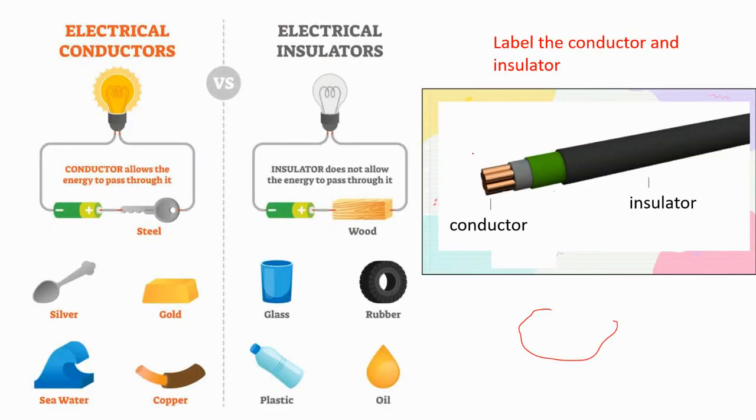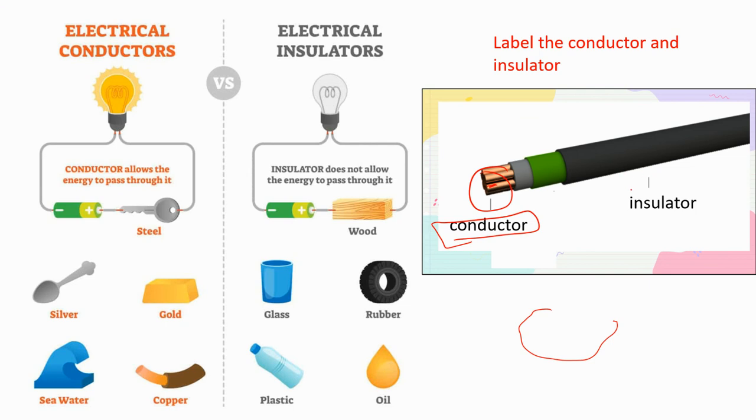Okay, so over here we saw this word conductor. The conductor is the inside of the wire where the electric current moves. But because we know electric current is moving, if we have to touch this, the electric current will move into our body and we can get shocked. It's not safe.